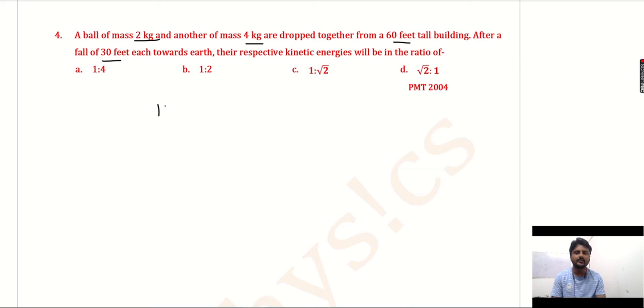Because for kinetic energy, you can use the formula kinetic energy is equal to half mv square. Just find the velocity at 30 feet for both the balls and put it in this formula, you will get the answer, right? Okay, I think the answer is 1 is to 2. You can check this once.